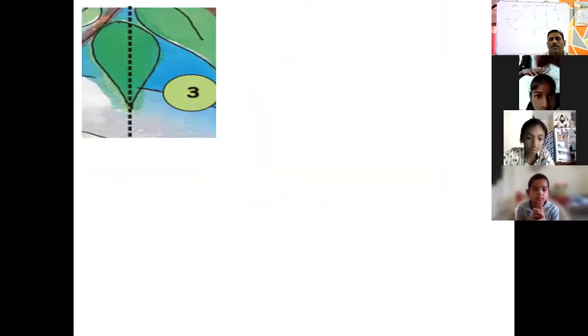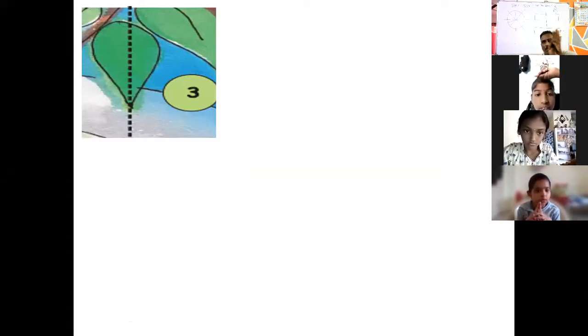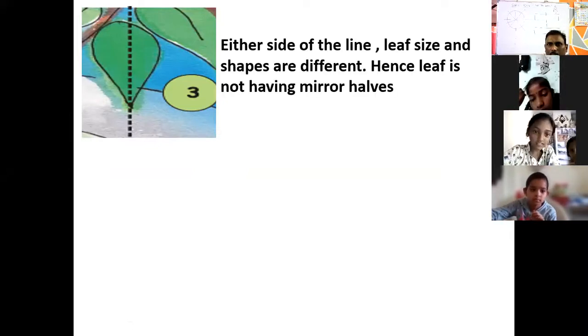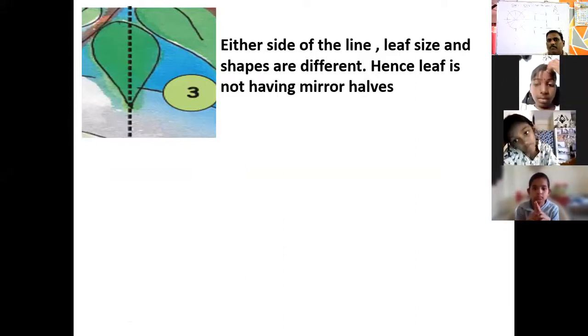Is it a line of symmetry or not? No, sir. The front one and the back one are different. If you fold, the left and right won't overlap. What about this? Is it a line of symmetry or not? No, sir. Left side has more space, right side very less space. Leaf size and shapes are different.